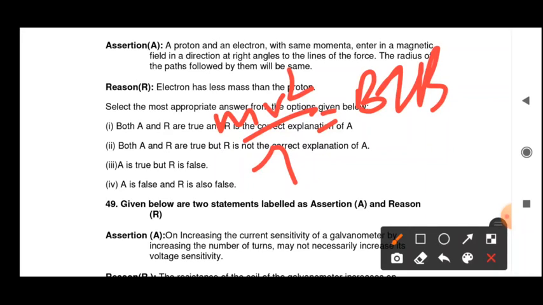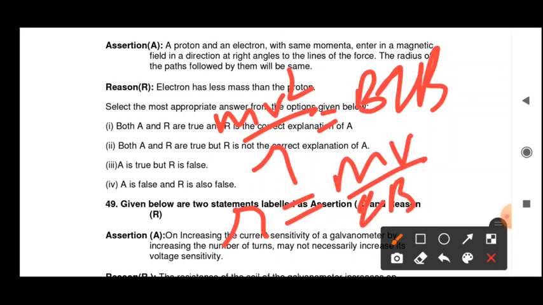Here theta is 90, so I am writing only this one. From here the value of r can be calculated. So r is equal to mv divided by qB, or in place of mv we can write momentum p upon qB.